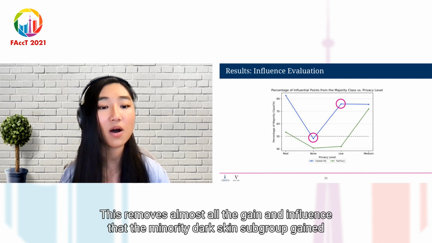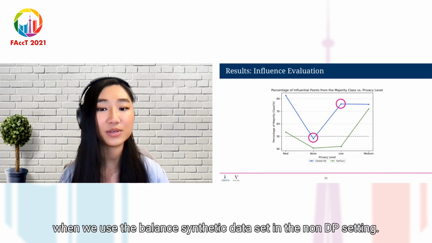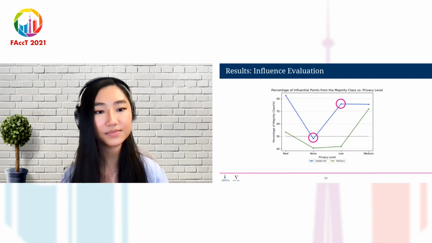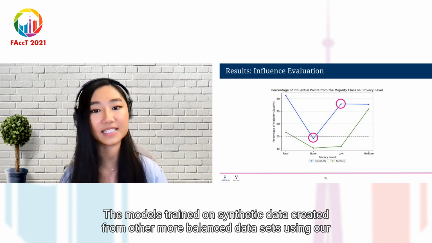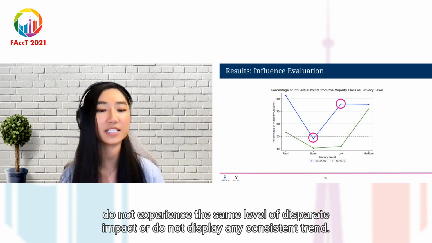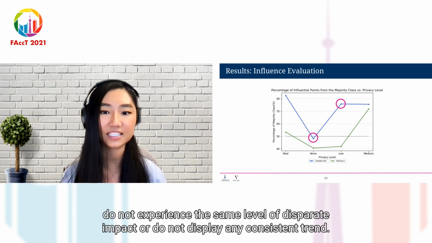This removes almost all the gain in influence that the minority dark skin subgroup gained when we use the balanced synthetic dataset in the non-DP setting. The models trained on synthetic data created from other more balanced datasets used in our evaluations do not experience the same level of disparate impact or do not display any consistent trends.